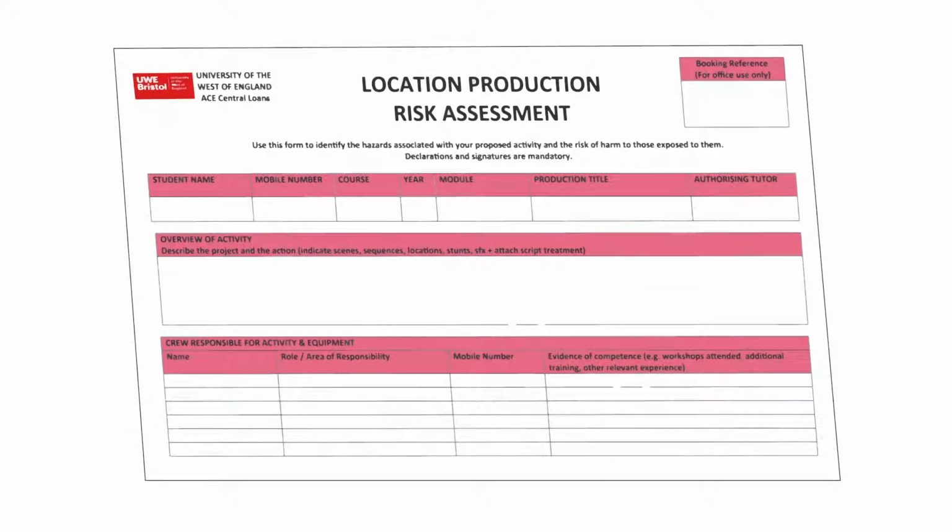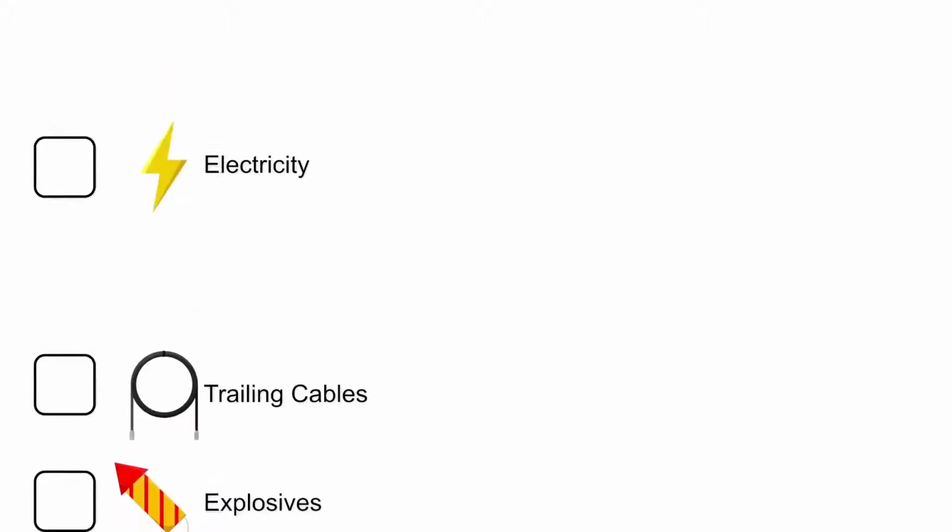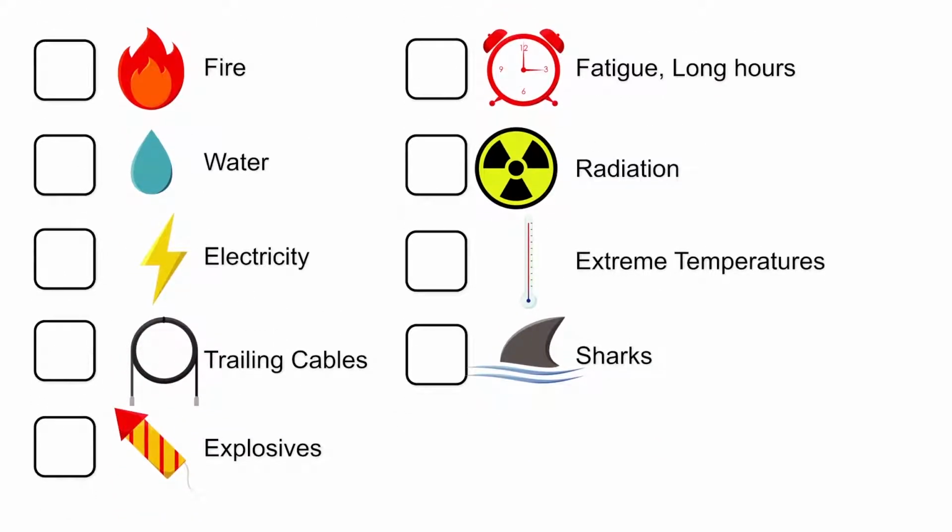A risk assessment is an assessment of the hazards and risks that may arise as part of your work outside the university campus, which will need to be approved by your academic tutor. It is an industry standard to risk assess, even when exhibiting artwork which involves technical equipment. Risk assessment does not end when you have completed the form.